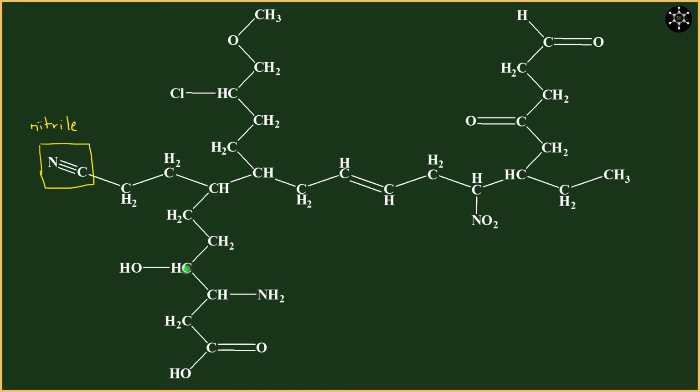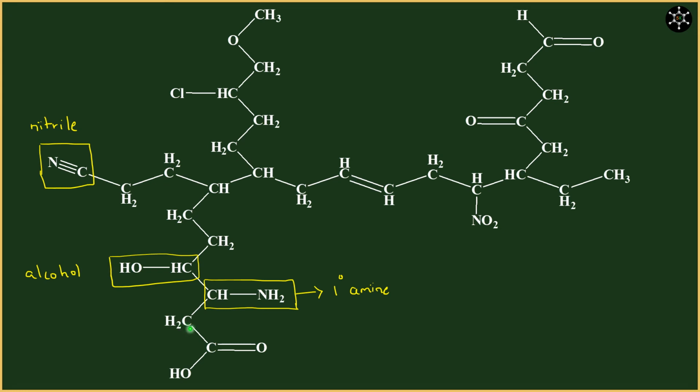Coming down, we have C connected to OH. This indicates alcohol. Here we have NH2 connected to CH. That means nitrogen is connected to 1 carbon and 2 hydrogens. So this is a primary amine.